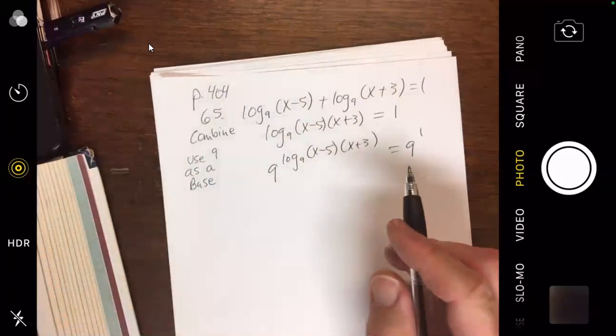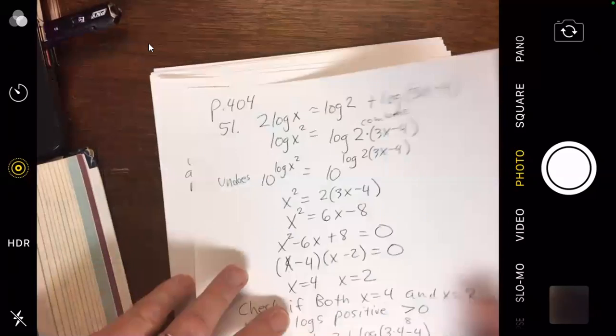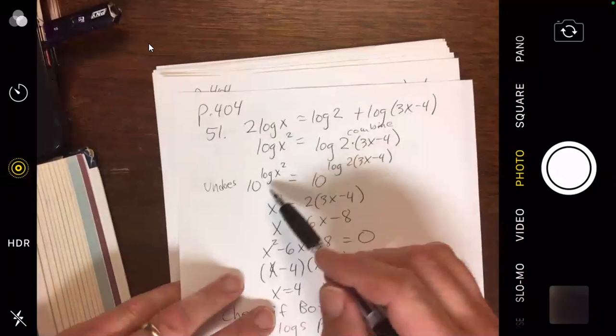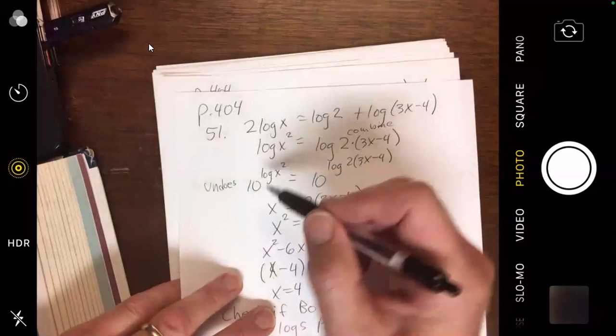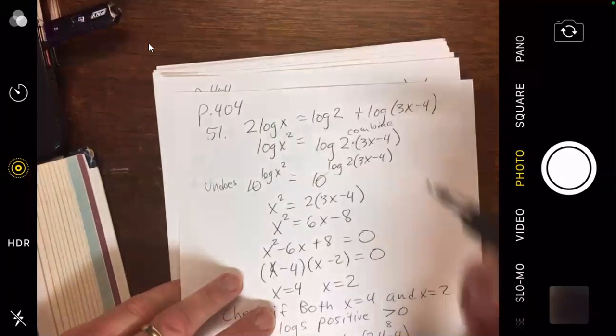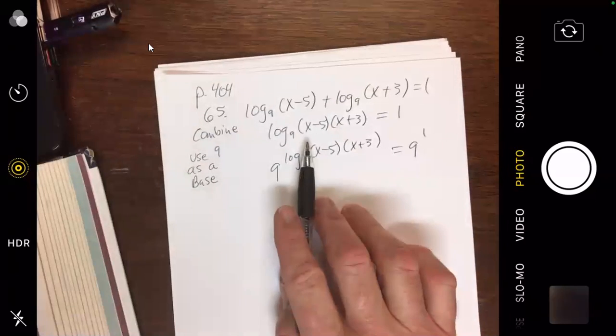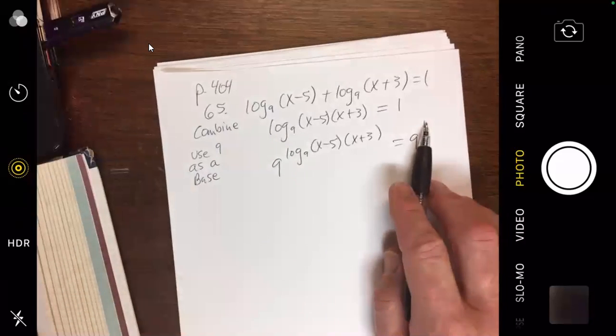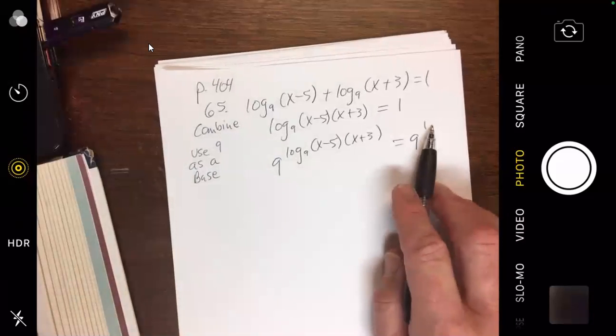You might be thinking, of course this is going to equal this because you got a log on both sides. Yeah, but I do like to show this step, because on a problem like this, you may not realize you're going 9 to this, but you're also going 9 to the 1 to do the same thing on both sides.